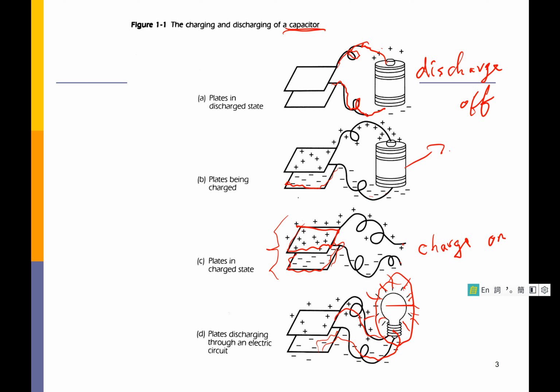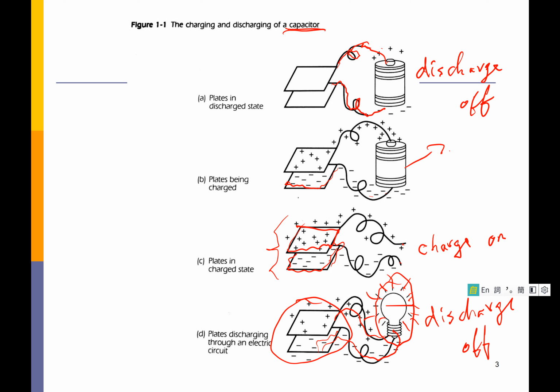So this light bulb will light for just a short period of time. After that, the light is turned off again. Now after you turn off, these two metal plates become discharged again, or off again.